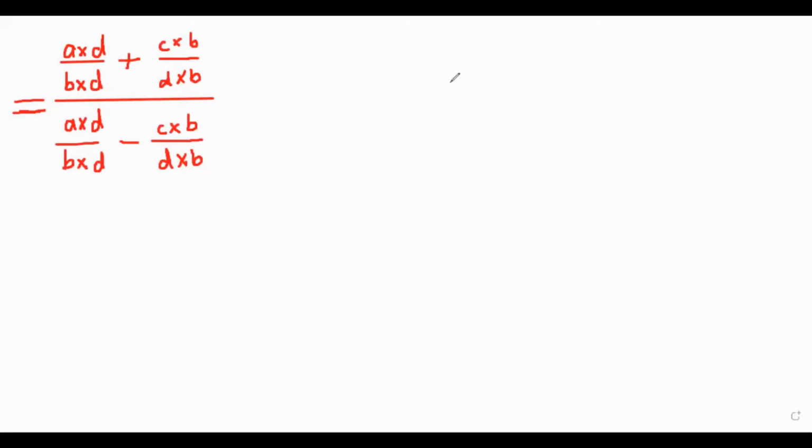For example, the first fraction is written A multiplied D divided by B multiplied by D. So this is already in the proper arrangement, the alphabetical arrangement A, B, C, D and so on, so we don't need to get tensed over here, and we'll be writing the same thing: AD divided by BD, or A cross D divided by B cross D.